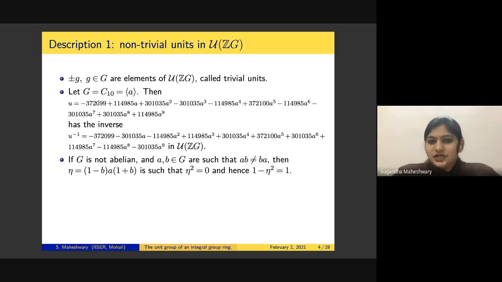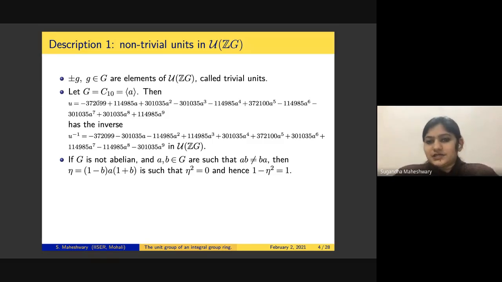So here are some constructions that we can look at. A very basic construction: if you have a non-abelian group and you have two non-commuting elements a, b, then you look at this element, which I'm denoting by eta, the combination (1 minus b) a (1 plus b). Of course, the square of it is 0, because of the way it is constructed. So (1 minus eta) times (1 plus eta) is equal to 1.